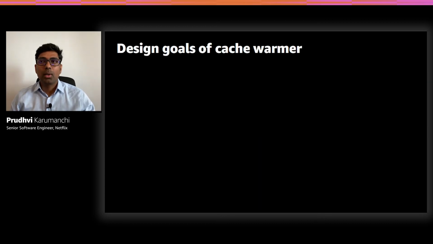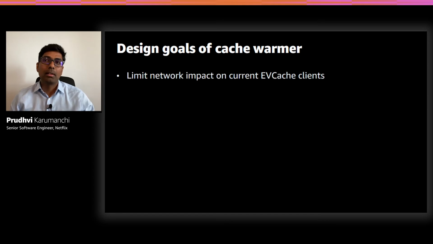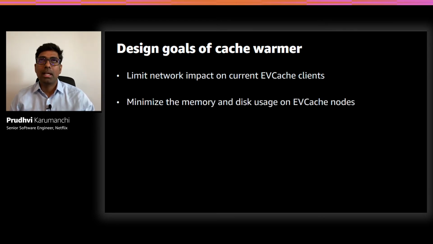So what are the design goals of the cache swarmer architecture that we have in mind? The first thing is we wanted to have least to no disruption to the existing EVCache clients. We also wanted to minimize the resource consumption on the EVCache nodes when the cache swarming activity is happening, especially memory, because memory is a very scarce resource for us on the caching servers.